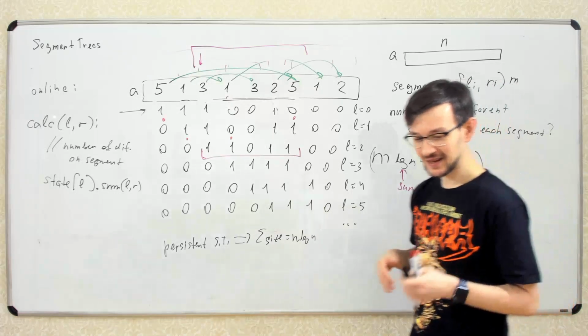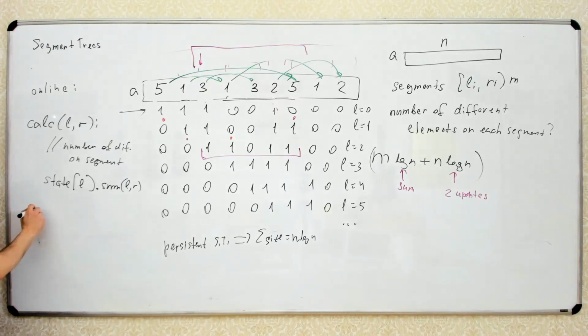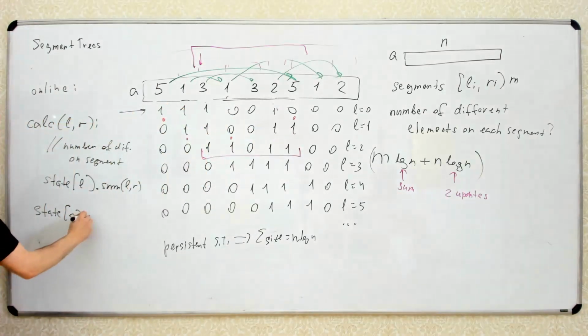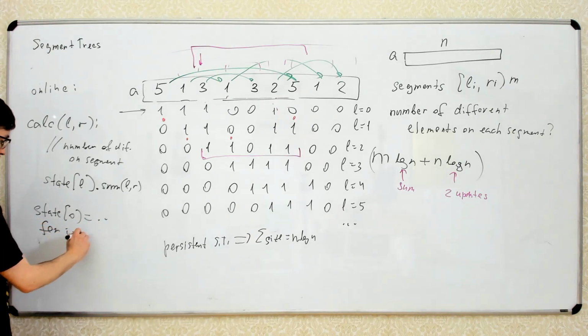That's all. So how do you create this again? You start from this. You create this state of 0 just by adding these ones into these positions. Then you iterate for all i from 0 to n minus 1.